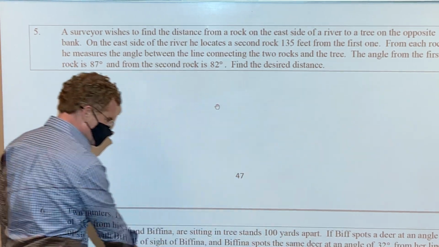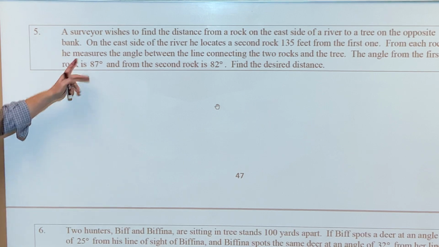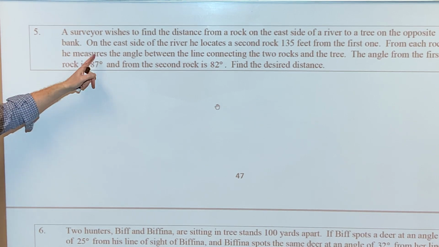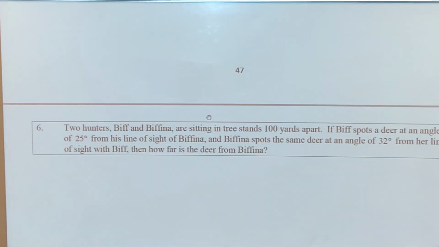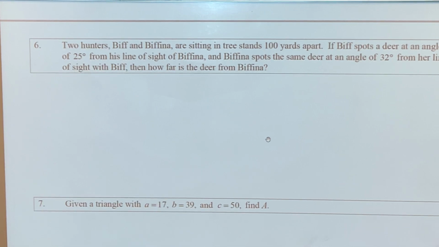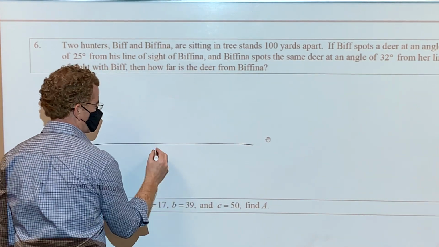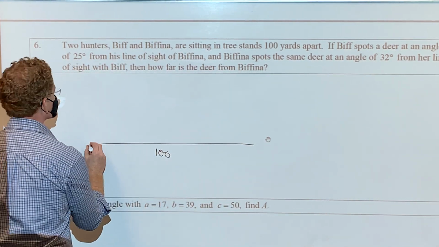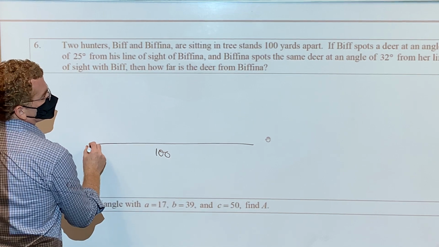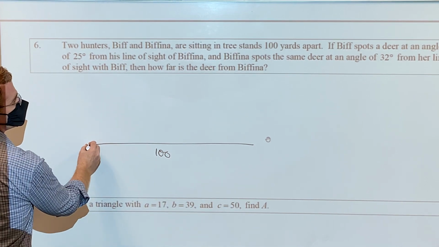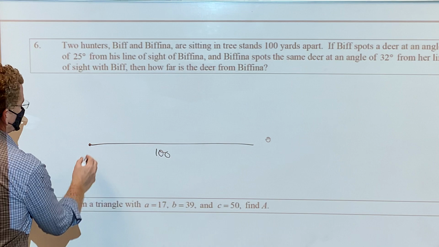And then that other one said, so that was kind of this problem if you think about it, right here. And then the second one says 2 hunters, Biff and Buffina, are sitting in tree stands 100 yards apart. So we got 100 right here, and then here's a tree stand. You see. Now here's the problem.